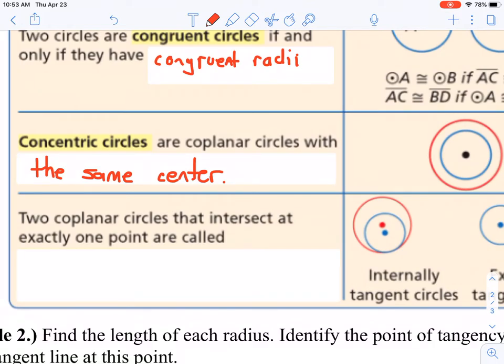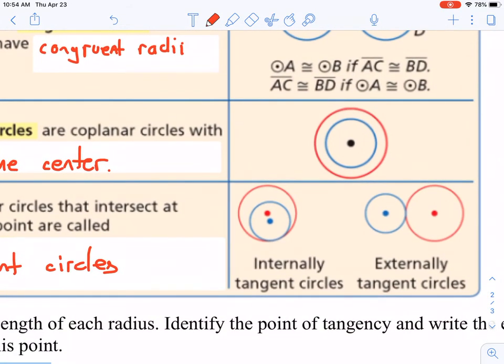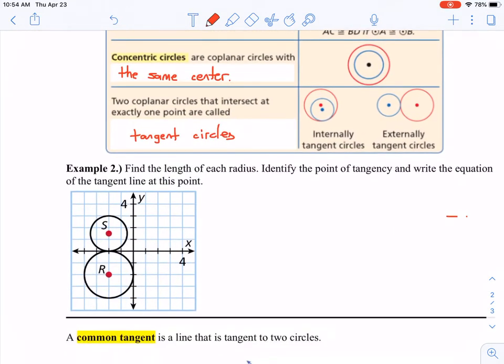If they don't have the same center, and they intersect at exactly one point, then they are called tangent circles. And here we see two examples of tangent circles. You have internally tangent circles and externally tangent circles. All right, moving on.